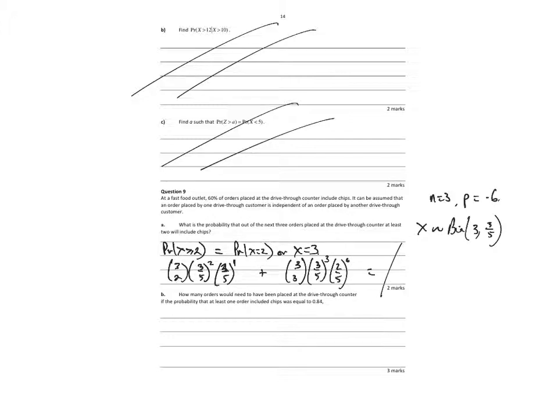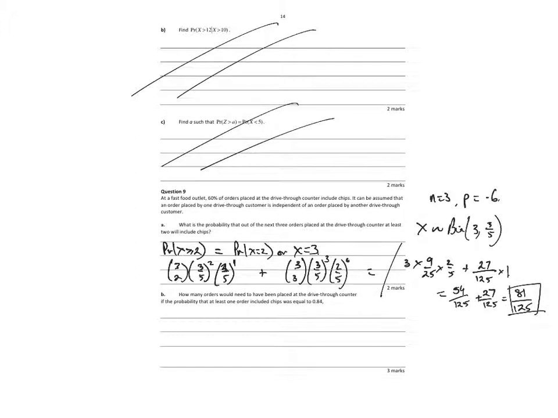That is equal to 3C2 is 3, by 3 on 5 squared, which is 9 on 25, times 2 on 5, plus 3C3 is 1, times 3 on 5 cubed, which is 3 to the 3, which is 27, on 5 cubed, which is 125, times 1. So 3 2s are 6, 6 9s are 54. 54 on 125 plus 27 on 125, which is equal to 81 on 125.